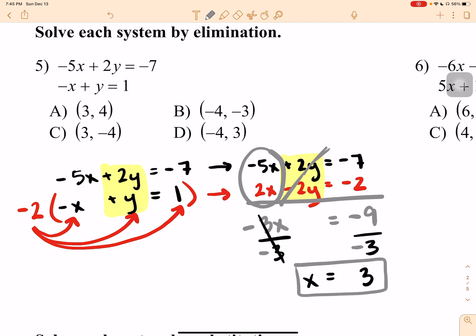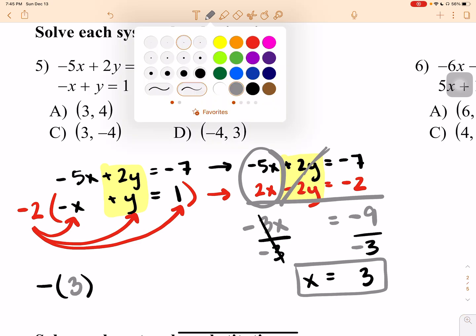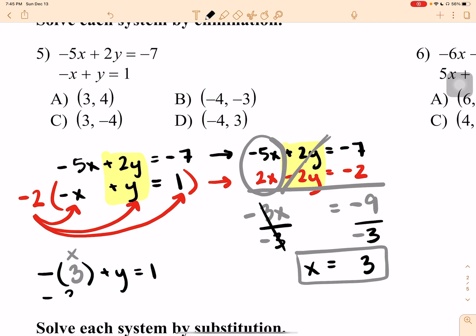So now I can just plug that into either of my equations. It doesn't matter which one. I'll just do it into the second one since it has less terms. So instead of the x here, I'm going to put my +3 here instead of x. That's where the x was. And then plus y equals 1. So this is -3 plus y equals 1.